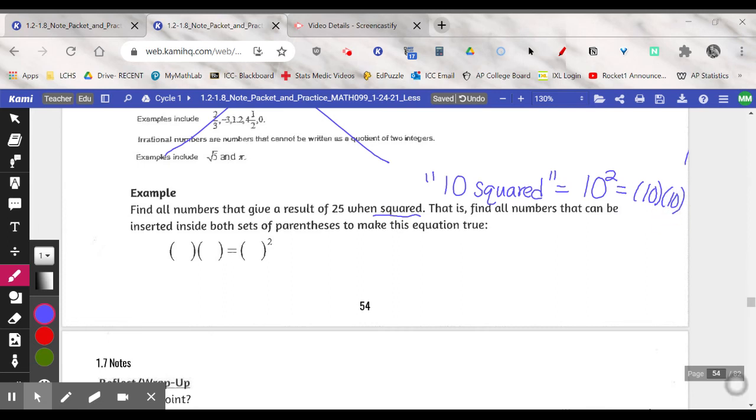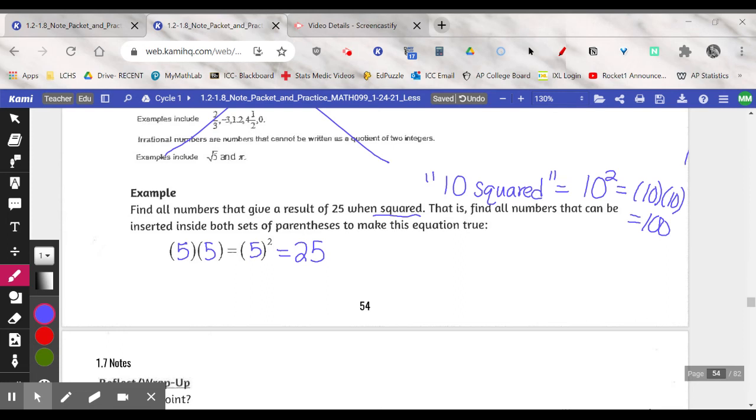It's 10 multiplied twice. So we would end up with 100. So in this one, it wants us to find all numbers that if we square them, will give us the result of 25. So the most obvious answer is 5. If you square 5, you will get 25.